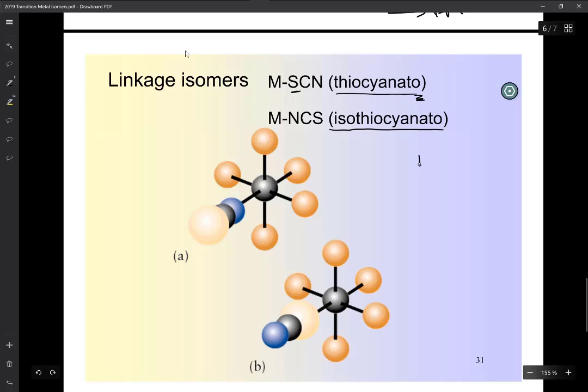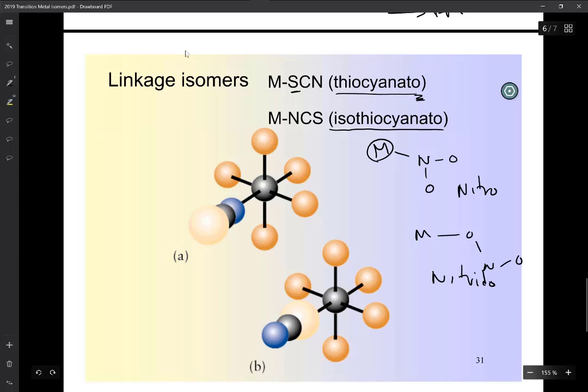Another common ligand that does something like this is the nitro ligand. If I draw it skeletally like that, this is nitro when it bonds to the metal through the N. And if the metal bonds through the oxygen like that, this is a nitrito.